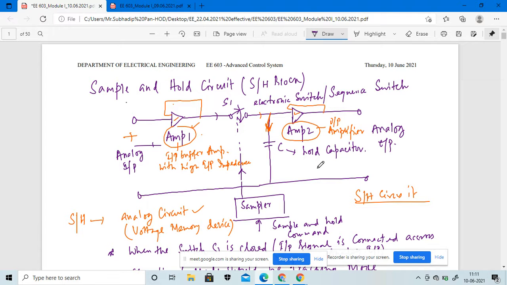For the specific time period, that means this capacitor, when the switch is closed, what will the capacitor do?